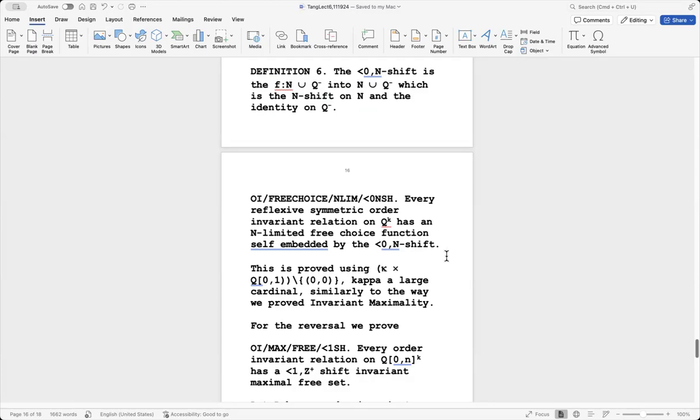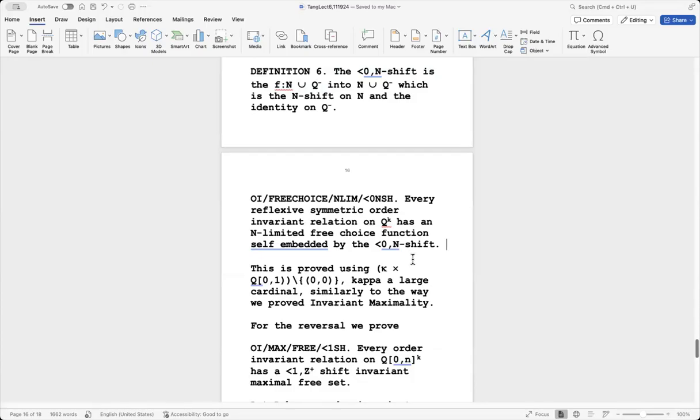This is proved using kappa cross Q01, where you have to throw out the left endpoint, because remember, after the downward Skolem-Löwenheim theorem, this is going to become Q to the K eventually, instead of Q. So we want to make sure it's dense without any endpoints.